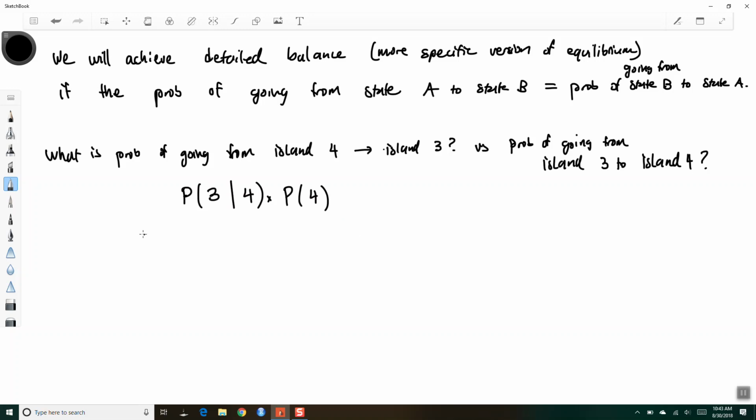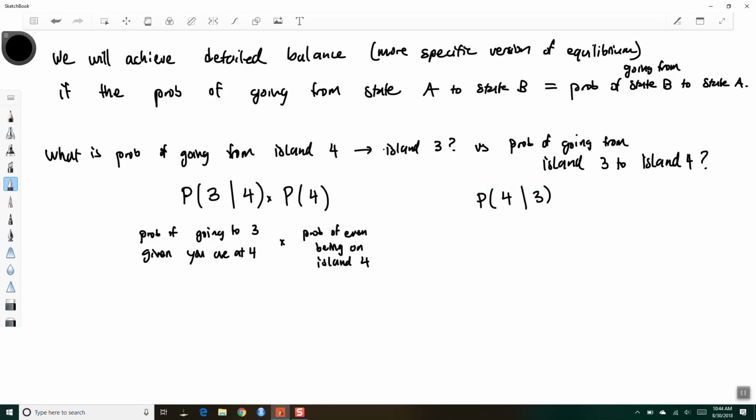Okay? Right? And over here, we have the probability of going from island 3 to island 4 multiplied by the probability of even being at island 3 in the first place. Is this okay?